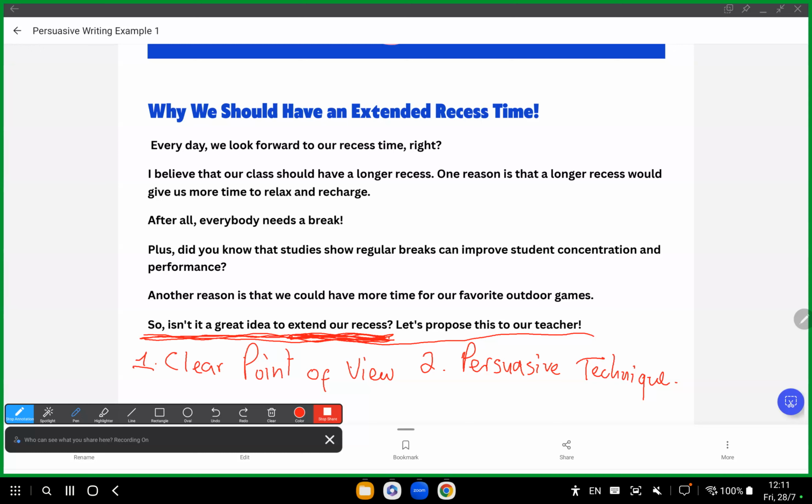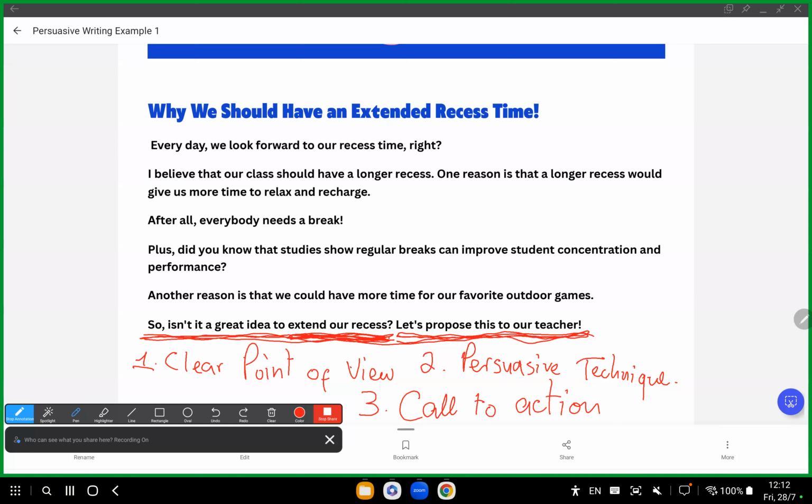And then finally, the third part of a persuasive sentence, it needs a call to action. And that is this final bit here. Let's propose this to our teacher.